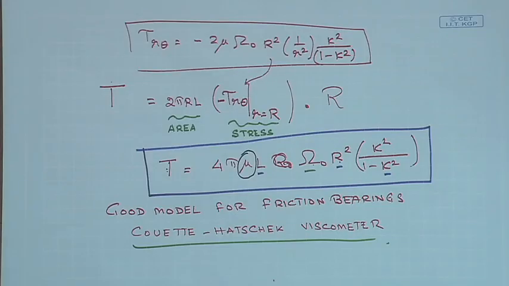If that is the case, then this formula or a slight variation of it will still hold, but let us review the assumptions that we have made. The first and prominent assumption is that it is one dimensional steady state laminar flow.